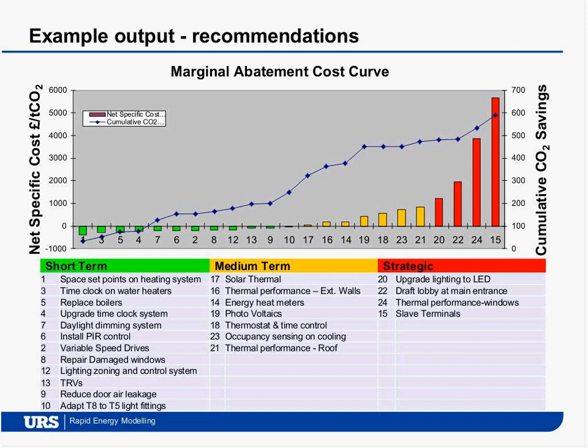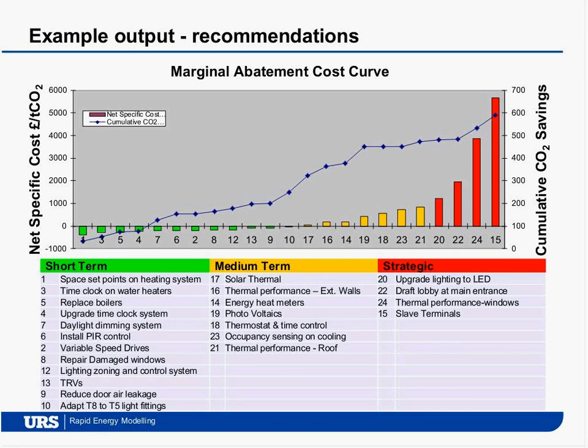This is from another project that we did in Manchester, a large naturally ventilated office. And the 25 options are all specific improvement options that could be made to that building that come out of our site survey and our modelling work.